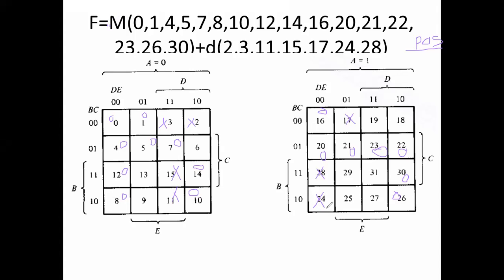Including don't cares, we are considering these. This belongs to octet. How can we say these are adjacent? Keep this total box onto this, then 0, 16, 4, 20, 12, 28, 8, 24 overlap. That means adjacency. So this is group 1.